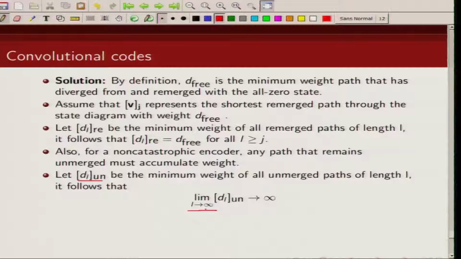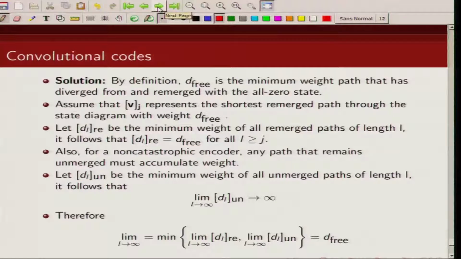So, what we have shown is, for L greater than j, for all re-merged paths, this column distance function is d free, and for unmerged paths, this is going to be infinity as L goes to infinity.